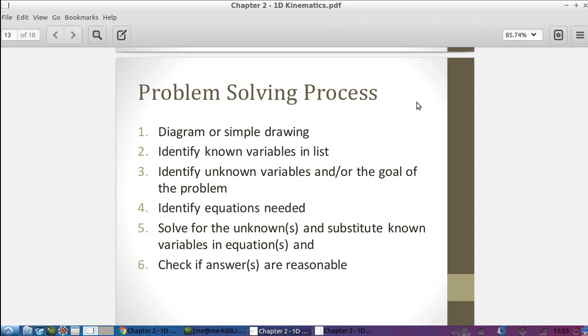Another common phrase we see is an object comes to rest or comes to a stop, something like that. If you see that phrase where they're describing an object that's coming to rest or coming to a stop, we can say that the final velocity of that object is 0. If I'm coming to a stop or coming to rest, we also know I'm accelerating.